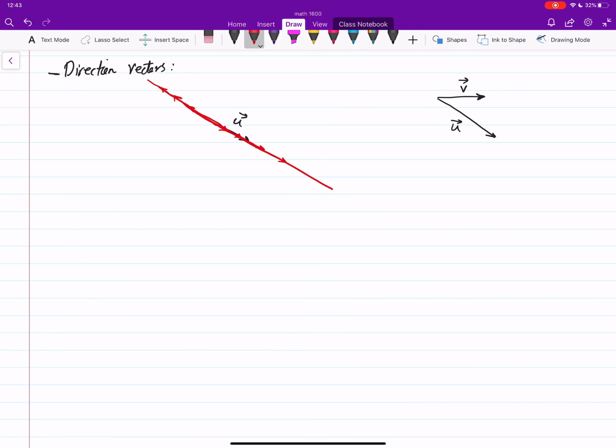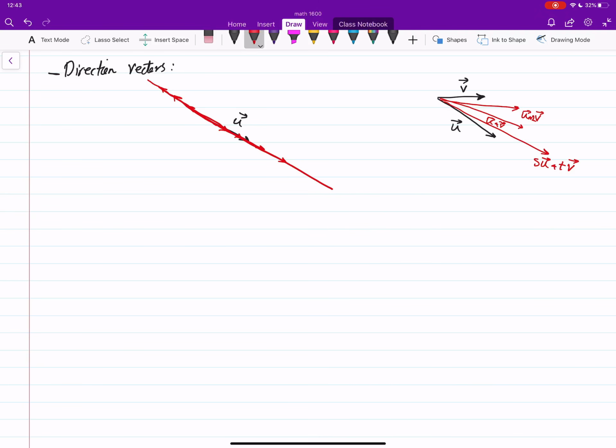For example, we can say u plus v, or u plus 2v, or any linear combination, which is s u plus t v.